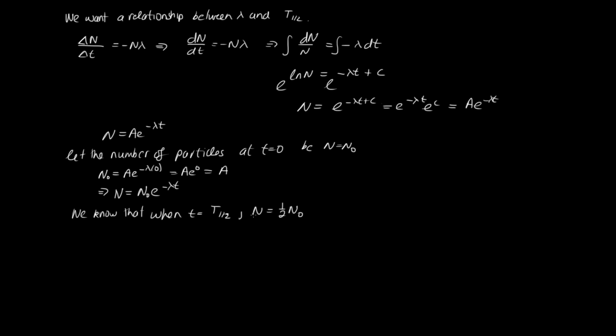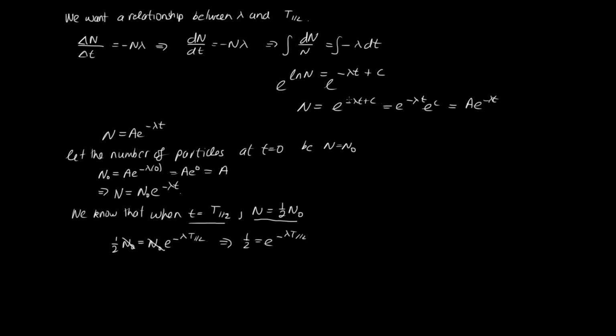So now what we can do is substitute this t and this value of N into our equation here. So we've now got a half N0 is equal to N0 e to the minus lambda t1/2. And now there's an N0 on both sides, so those cancel out. And this tells us that a half is equal to e to the minus lambda t1/2.